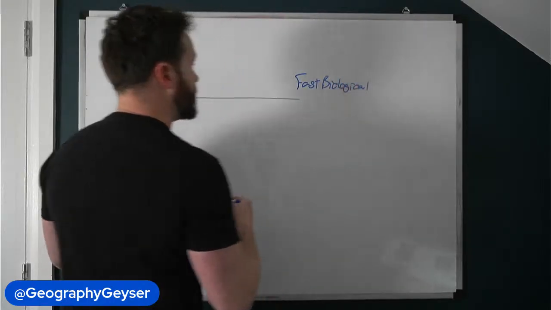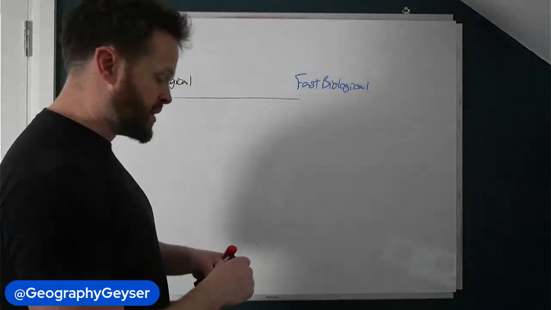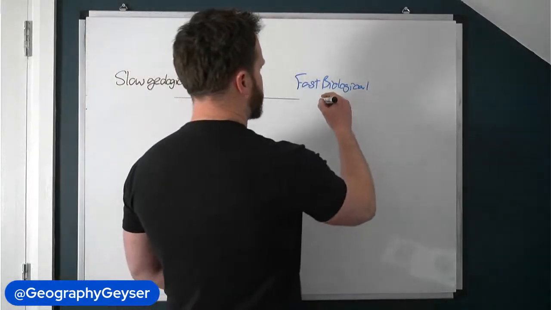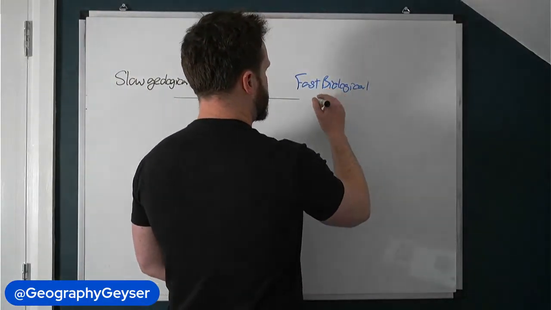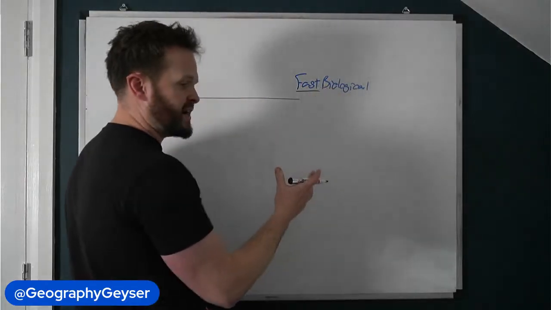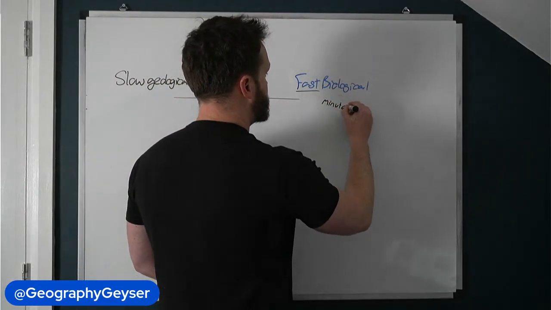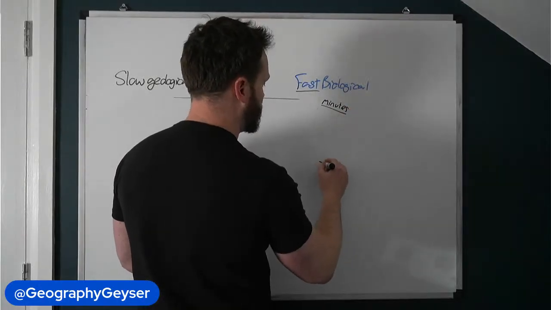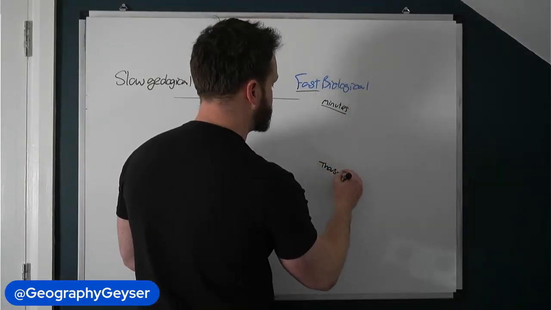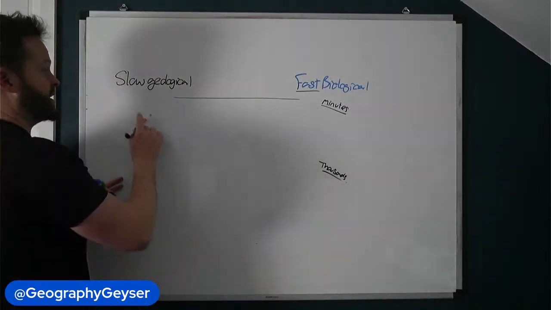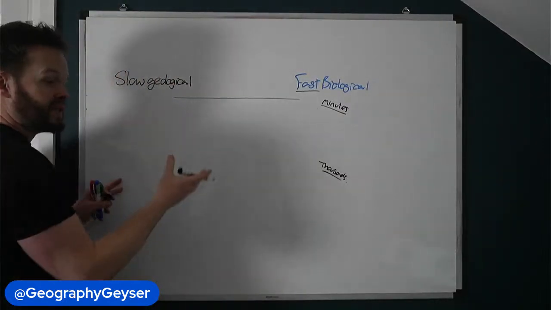biological. Now, within the fast biological, and this is where I think you might be coming from, there's varying degrees of what we mean by fast, because it can vary from minutes to thousands of years, whereas your slow geological is hundreds of millions of years.